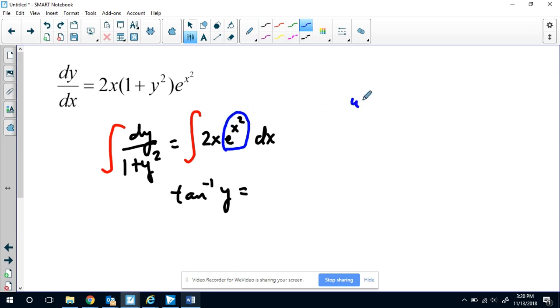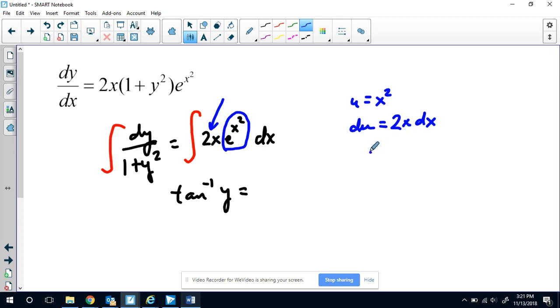If I make u equal to x squared, du equals 2x dx. So that's a really smart choice, since 2x is something that I need to get rid of.